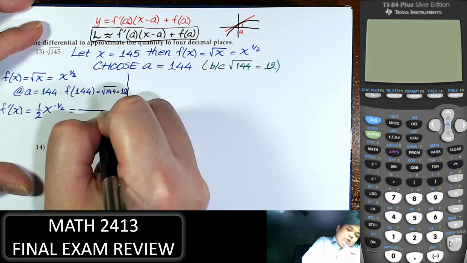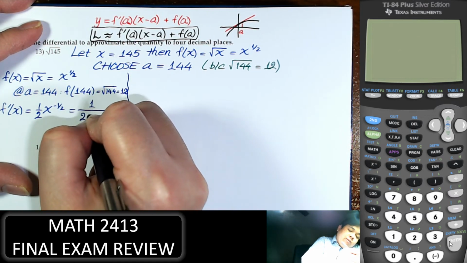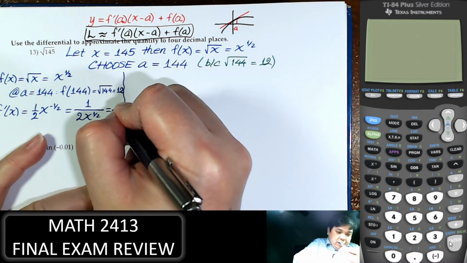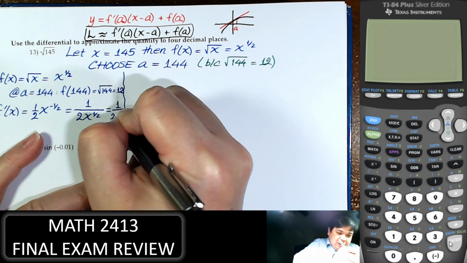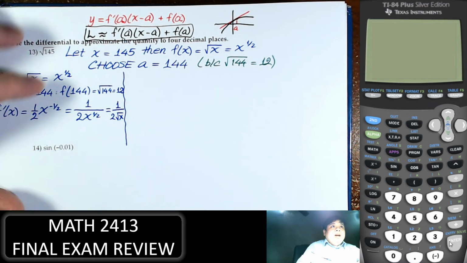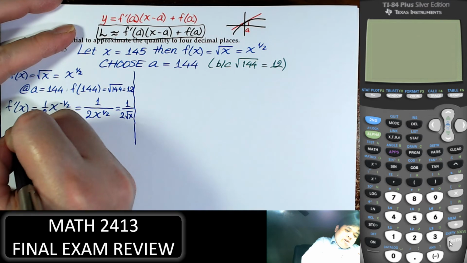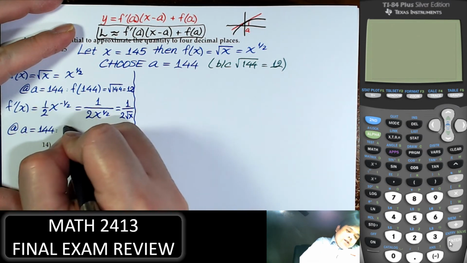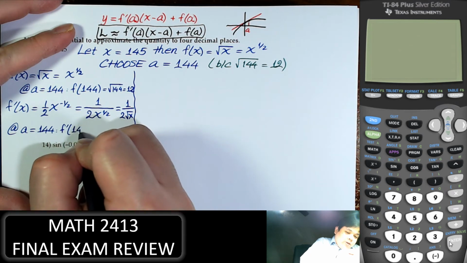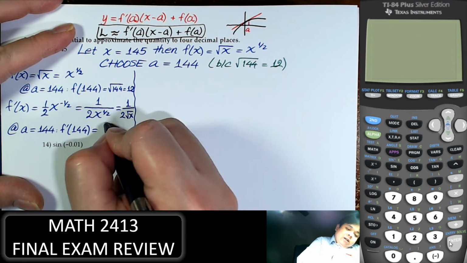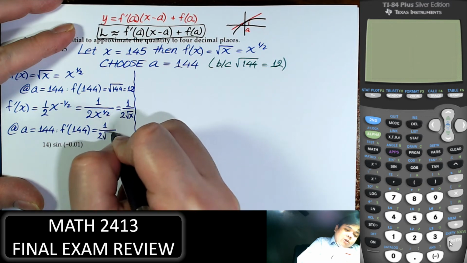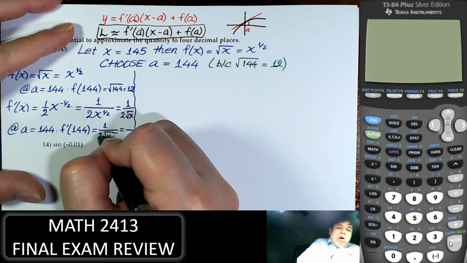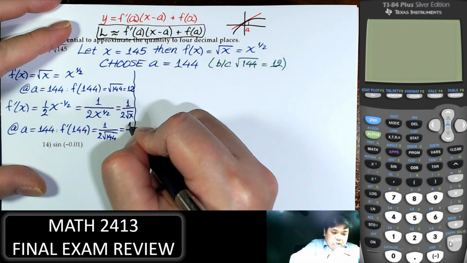The negative 1/2 I move to the bottom, it becomes positive, and that is a square root. Then evaluate at 144. The derivative at 144 is 1 over 2 square root of 144, which is 12. 1 over 2 times 12 is 1 over 24.